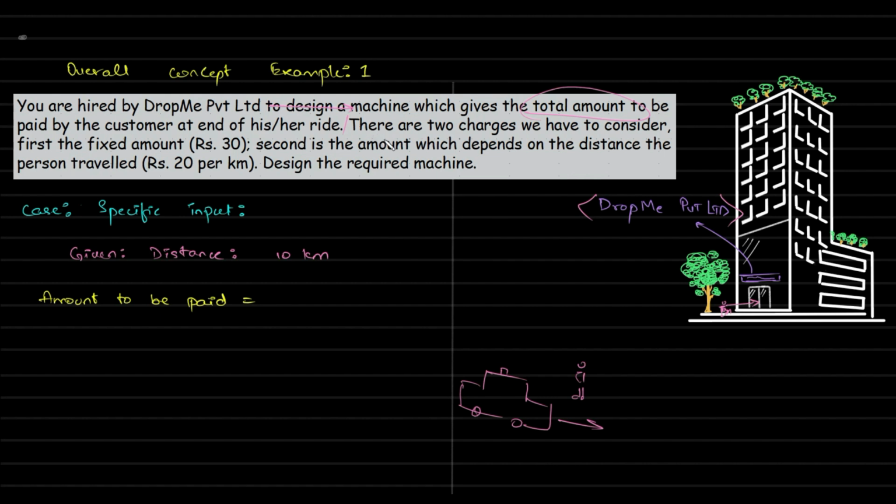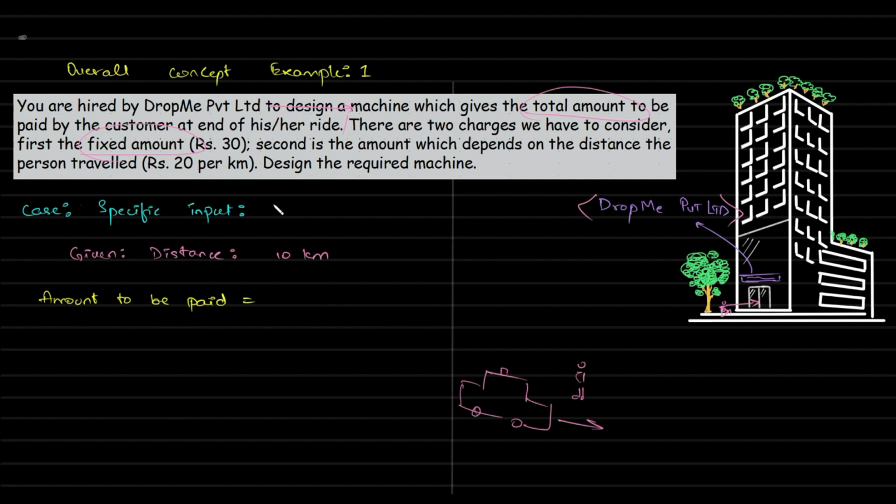So the company tells you there are specifications, and those specifications are, there are two charges that we have to consider. The first is a fixed amount. Fixed amount has to do with things like, you're paying the company for the services, and whatever distance you travel, that amount is not reduced or increased.